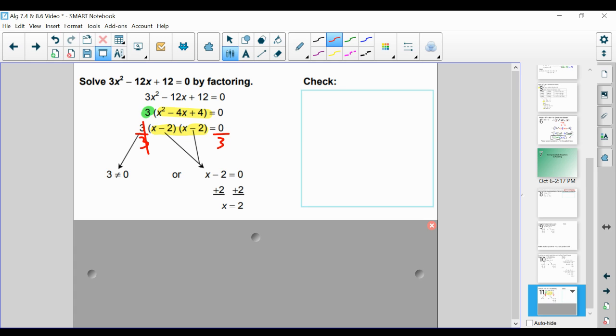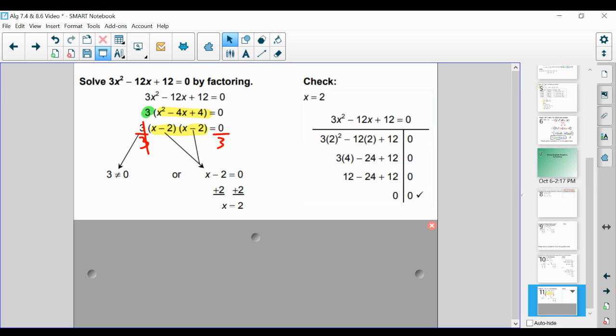So we just end up with (x - 2)(x - 2). In any case, if you can factor out that greatest common factor, it's going to be a lot easier for us to then go ahead and solve. When we're ready, we can check our work. We can substitute in the value of x being 2, and then from there, we'll see that we get 0.